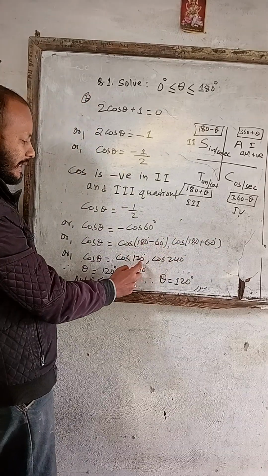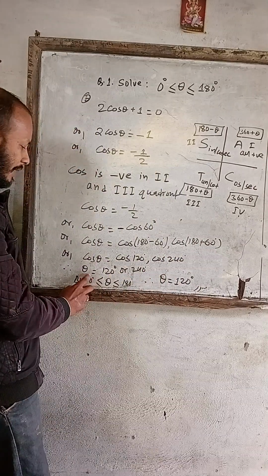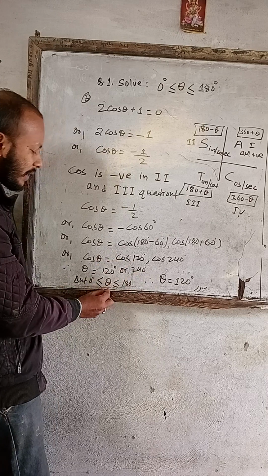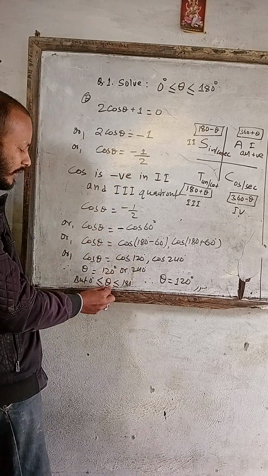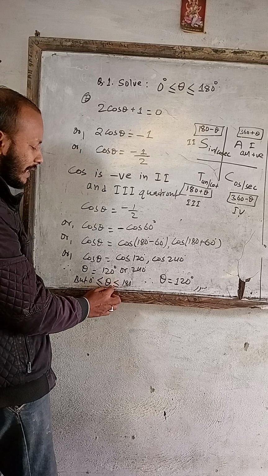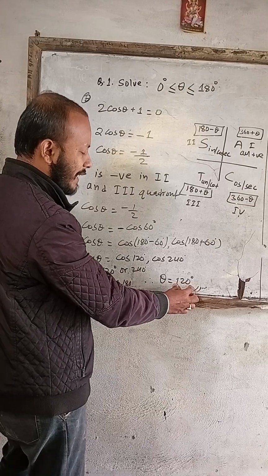So 180 minus 60 is 120, 180 plus 60 is 240. So theta becomes 120 degree or 240 degree. But the range of theta for this particular question is greater than or equal to 0 degree and less than or equal to 180 degree. That is why 120 degree is valid here.